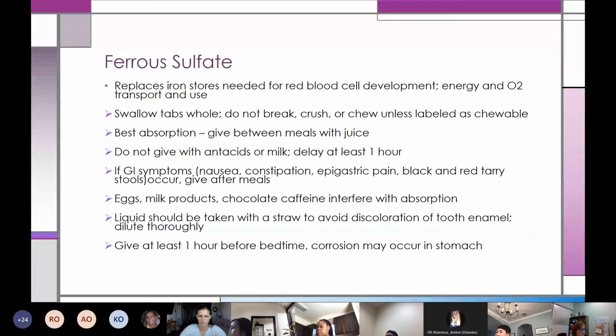Levodopa carbidopa, anti-Parkinson's agent, all right? One thing to remember with this drug, it's most effective in the first few years.